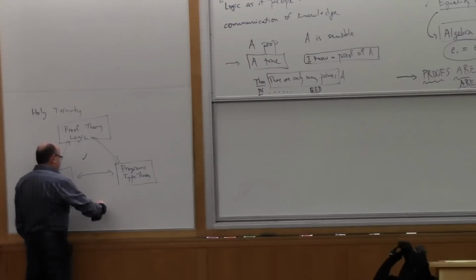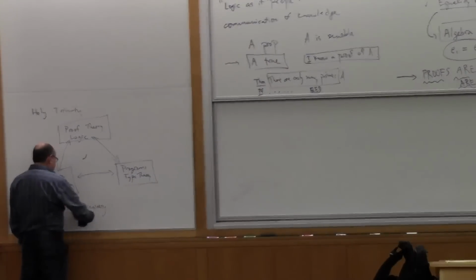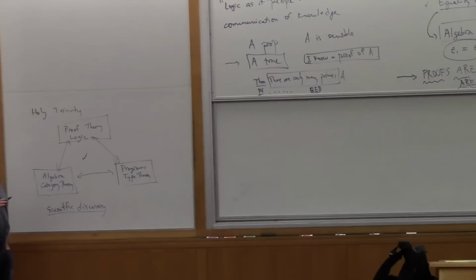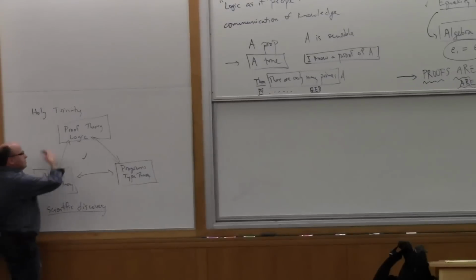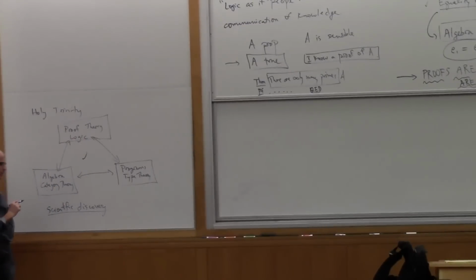At that point, you've done something permanent, something that will last to eternity. You've got a real discovery if you discover some conception that makes sense from all three points of view.